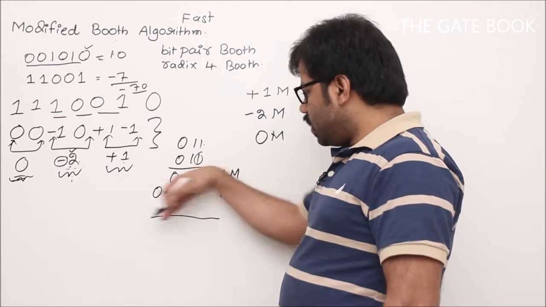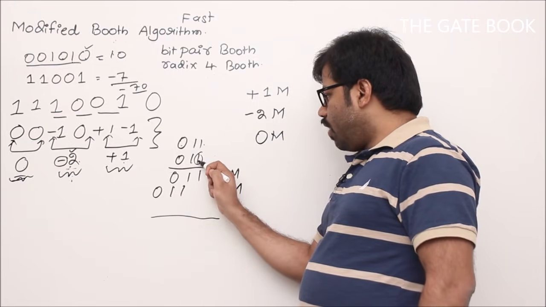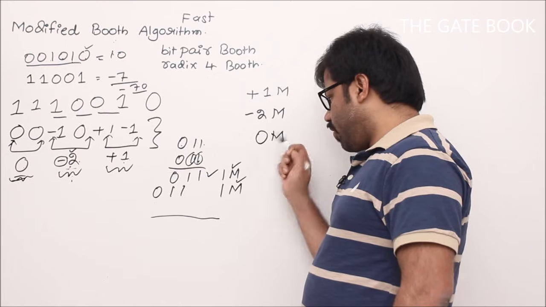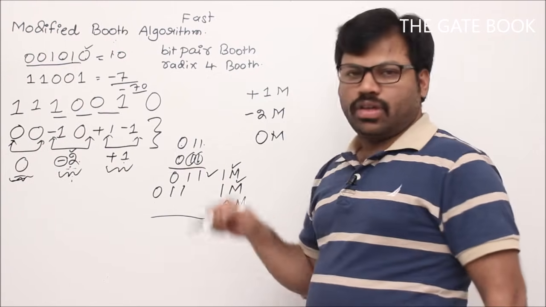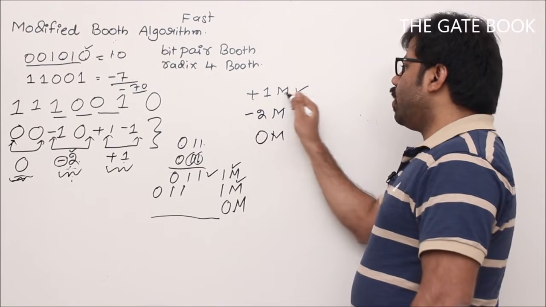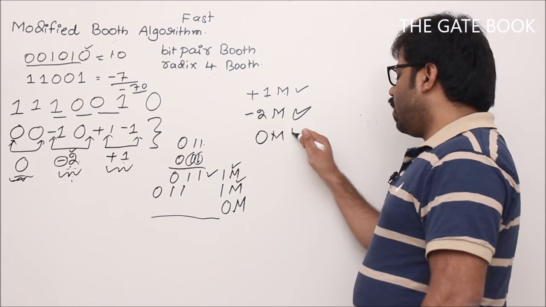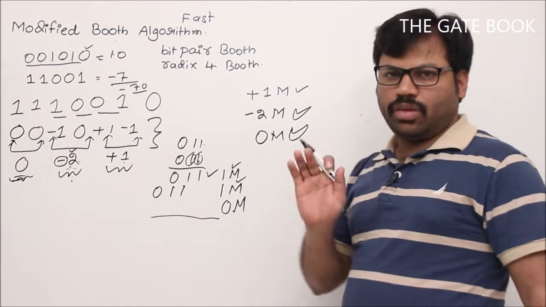So forget about the positional system. If you forget about those positions, whenever you have 1, we will be doing 1 into m every time. Whenever you have 0, we are doing 0 into m, right? Here also same thing. Whenever you have 1, we do 1 into m. Whenever you have -2, you will be doing -2 into m. Whenever we have 0, then we will be doing 0 into m. That is one thing you should remember.